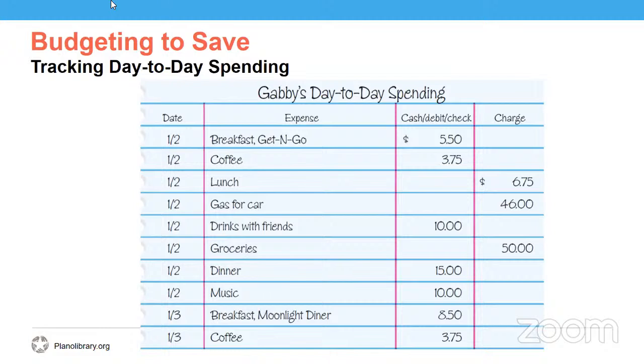She has charted out her spending for the last 3 days. She has one column for everything that is spent using cash and debit, meaning it's coming from her checking account or her checks. And the last column is money she spent using a credit card or a charge card.